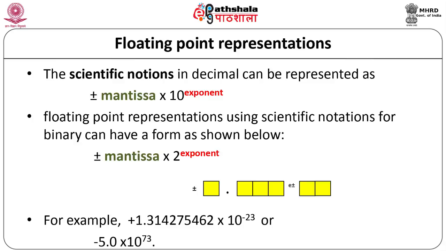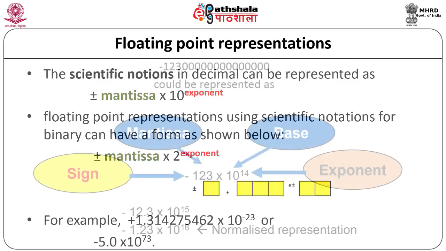Similarly, floating point representation using the scientific method for binary can have the form plus or minus mantissa times 2 raised to exponent. For example, plus 1.314275462 times 10 raised to minus 23 or minus 5.0 times 10 raised to 73.